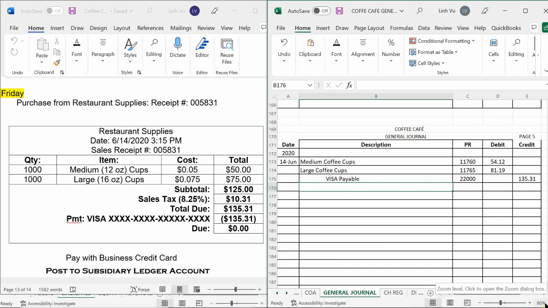So what's my description going to be? Restaurant Supplies, invoice number 005831. I would put that they were medium and large cups, just so that you knew what they were for and what the tax is.